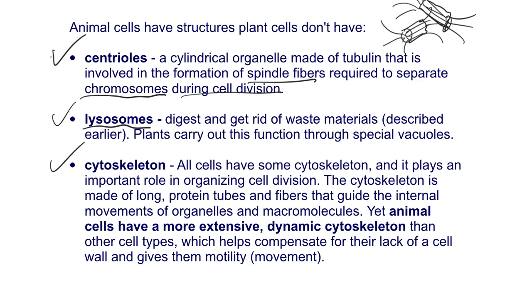Then cytoskeleton. Well, I've been kind of misleading you. All cells have some cytoskeleton, but it's not very useful in plants because it doesn't really need it because it has the turgor pressure.